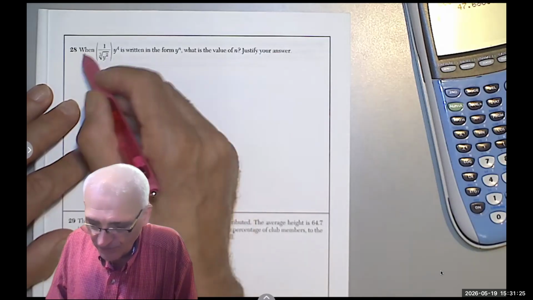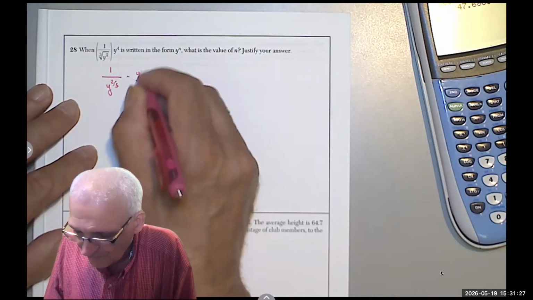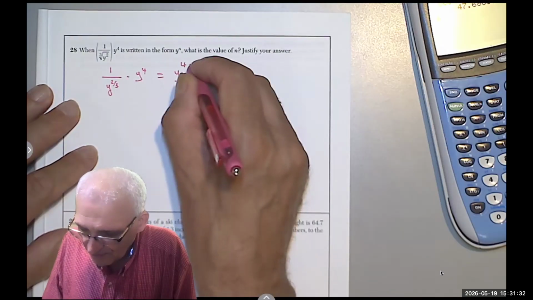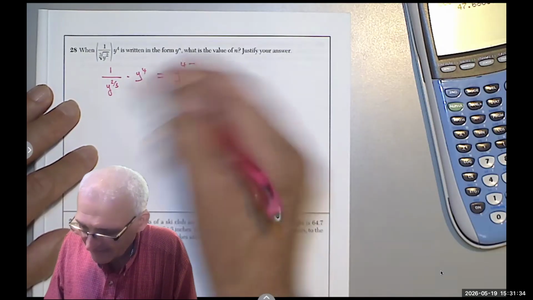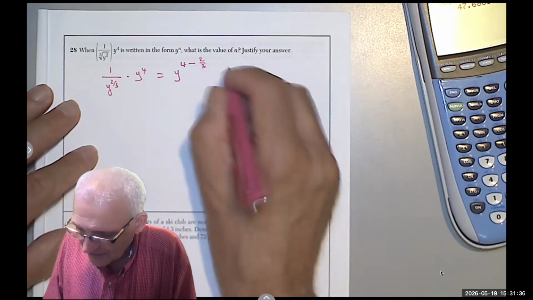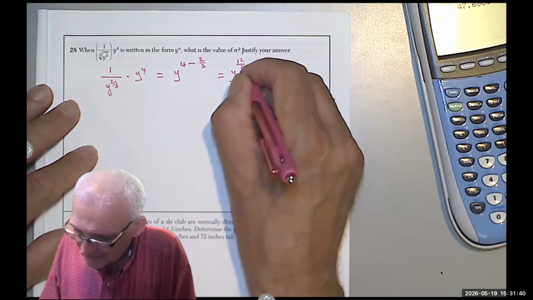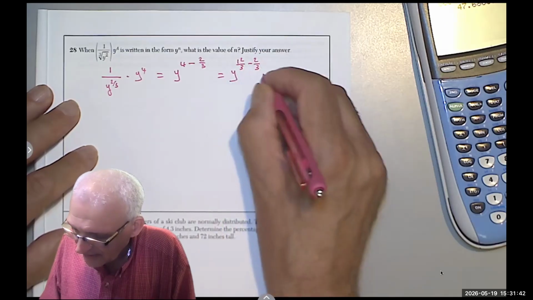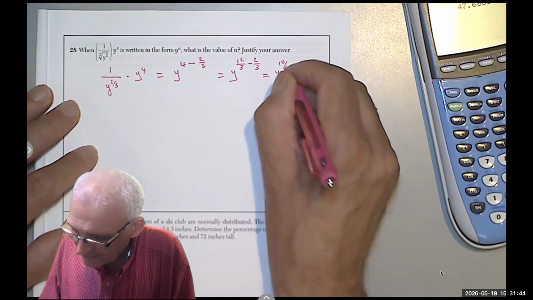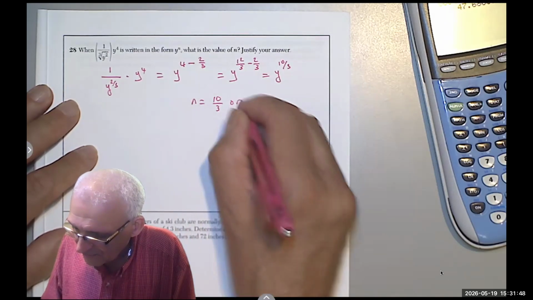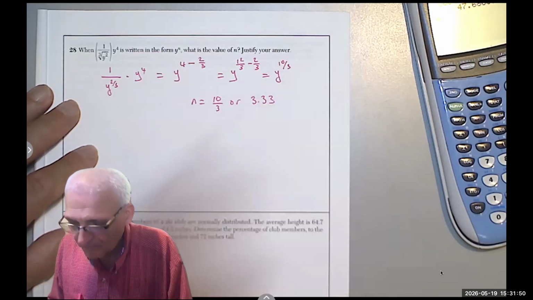Y to the 2/3 times y to the 4 equals y to the 4 minus, because I'm dividing this by that, I subtract 2/3. So it's y to the 12/3 minus 2/3 is y to the 10/3. So n equals 10/3 or 3.33.